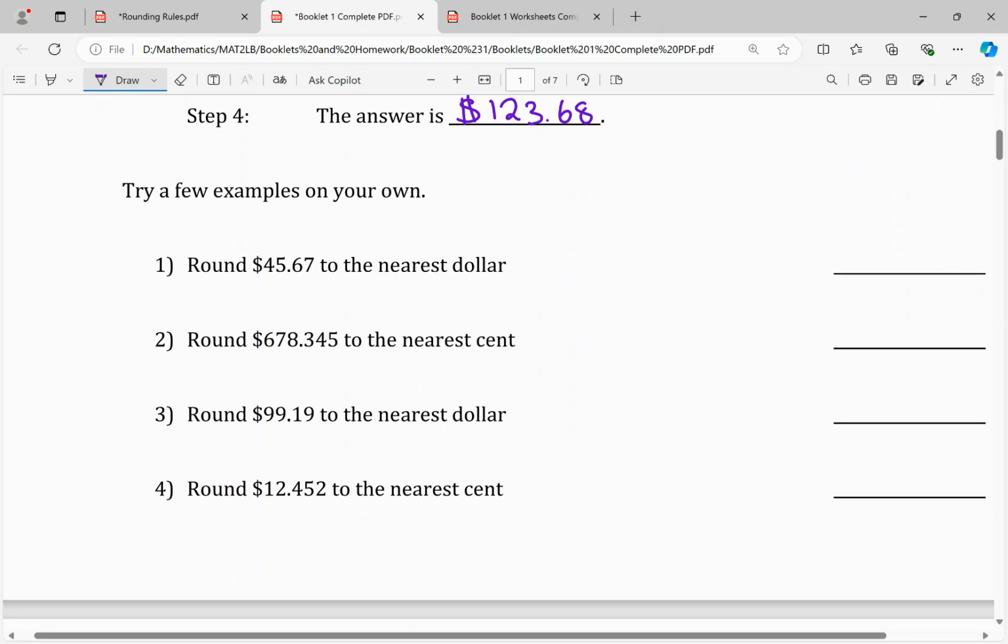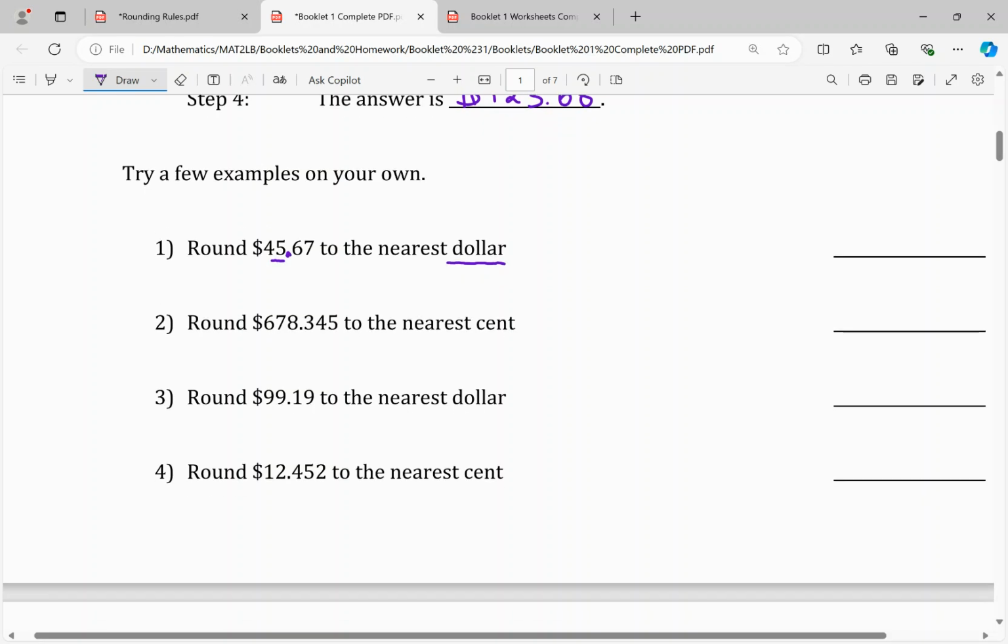Example 1. Round $45.67 to the nearest dollar. We know that we're going to the nearest dollar. That means that we are rounding this 5, the first number before the decimal. Do I round the 5 up or do I round it down? In order to help me, I look at the number after the 5, which is a 6.